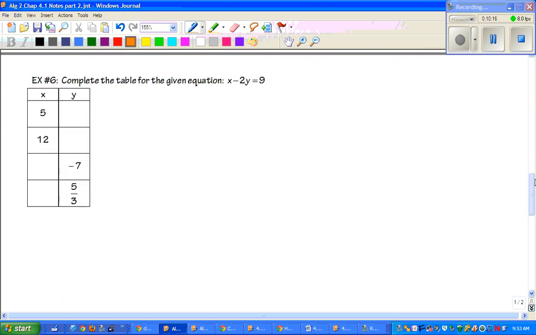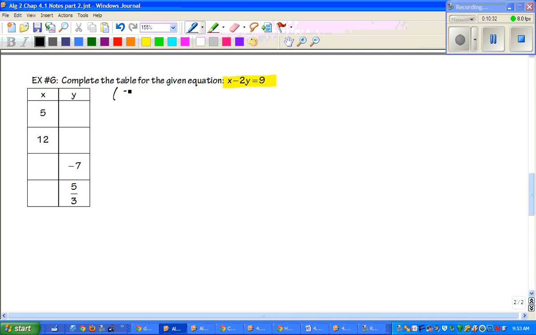All right. Complete the following, complete the table for the given equation. x minus 2y equals 9. So we are going to be doing the same exact thing as we did on the last one. Okay?